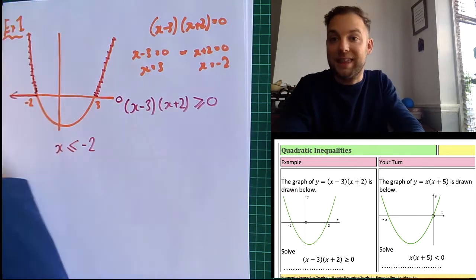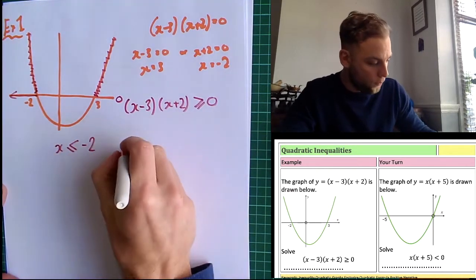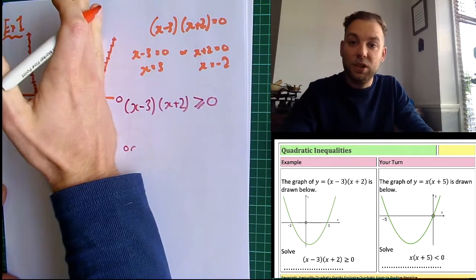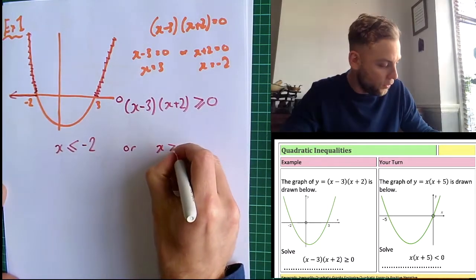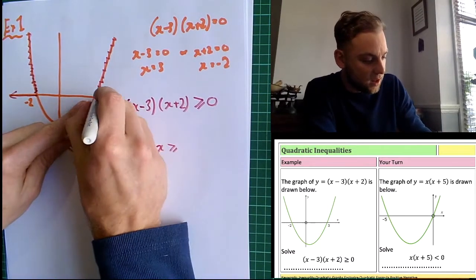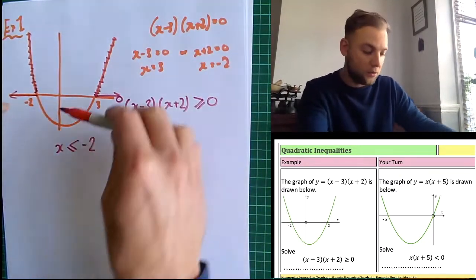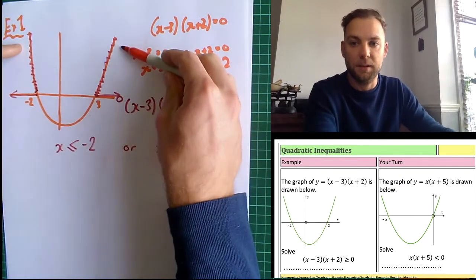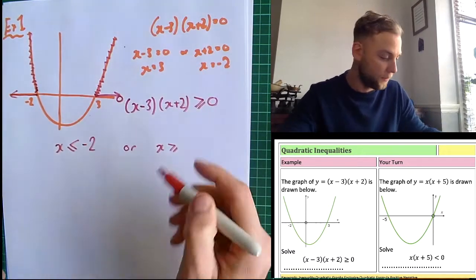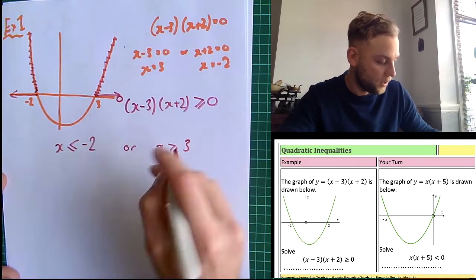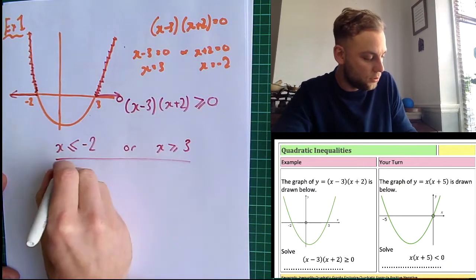Or x is greater than or equal to 3, because it starts at 3 and goes right. This is where it starts to become positive. Notice that this part is going to be negative, this is going to be positive. And those there are your two solutions.